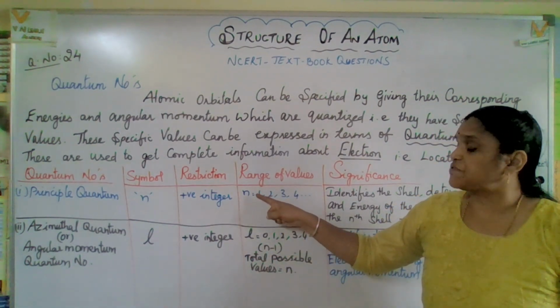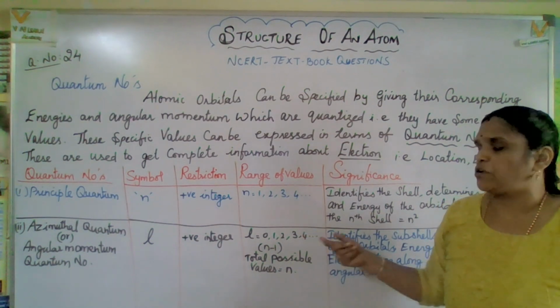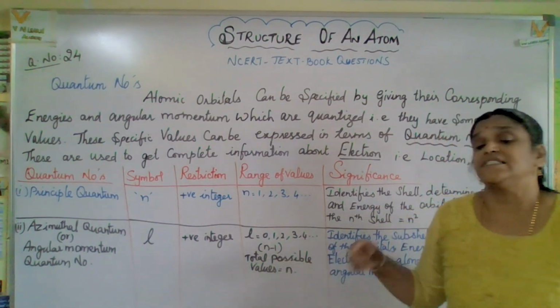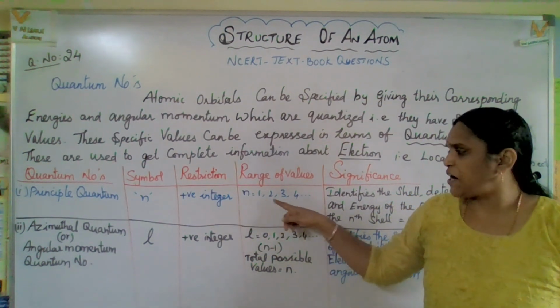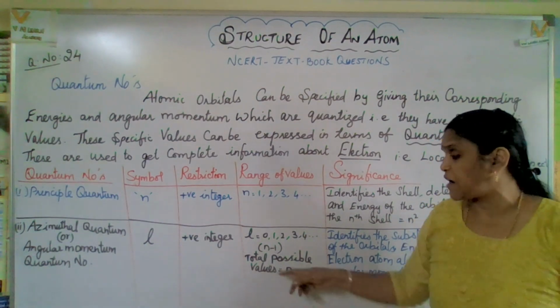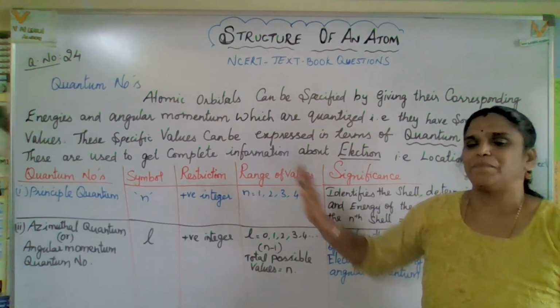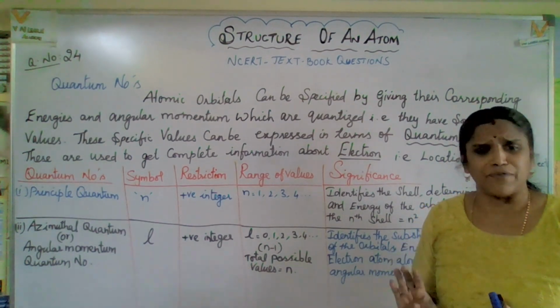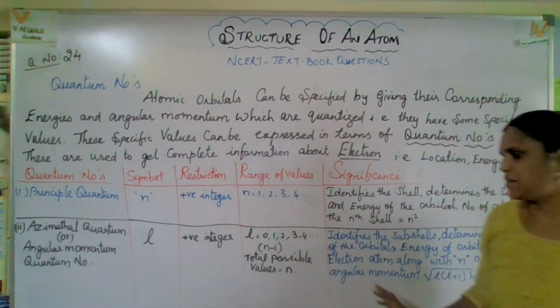The principal quantum number starts from 1, 2, 3, but here it starts from 0, so naturally L goes from 0 to n minus 1. That means it will be lower than the principal quantum number. The total possible values are equal to n.